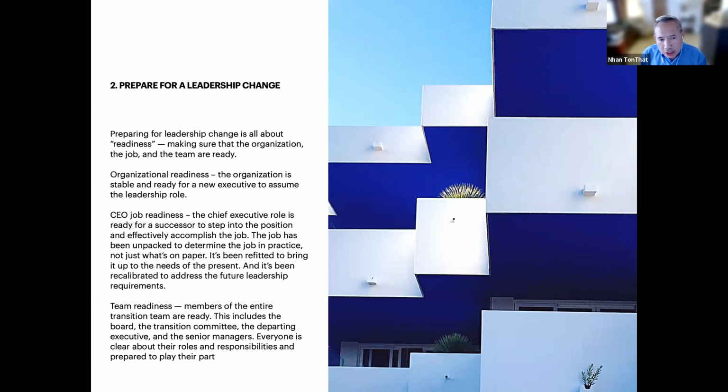So we talk about organizational readiness. Again, if the organization is ready, and it should always be prepared to be ready. I work with several organizations who have built in plans just in case something happens to the CEO. There are clear succession plans for matters of illness or injury.